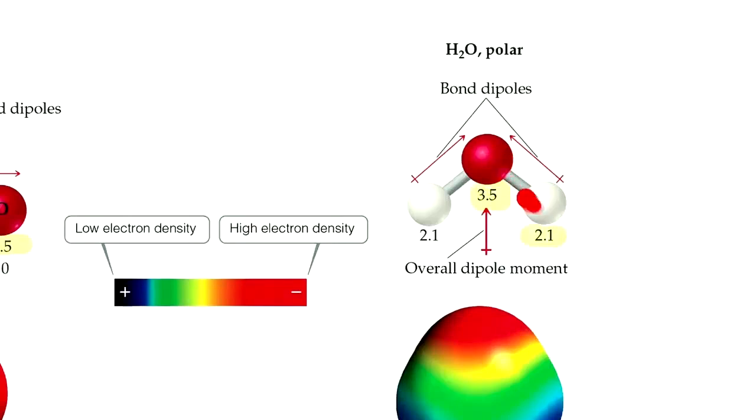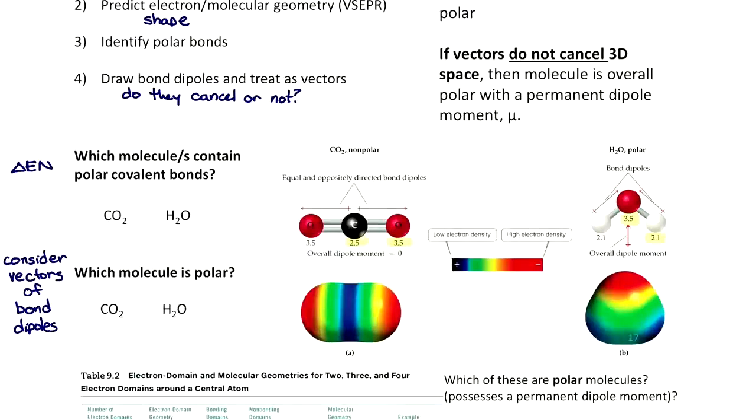Is this a polar bond? Yes. Both CO2 and H2O have polar bonds because they have relatively large delta ENs between their central atoms and the atoms they're attached to. But that's not the question here. The overall question is, which molecule is overall polar or not? Both of them contain polar bonds, but now we want to consider how those bonds are actually arranged.